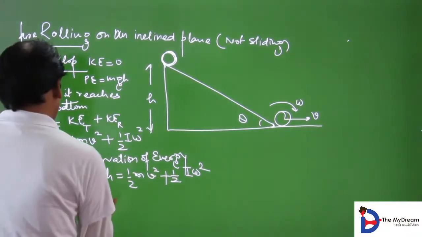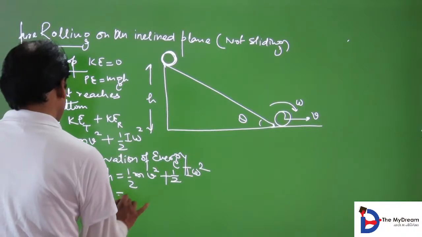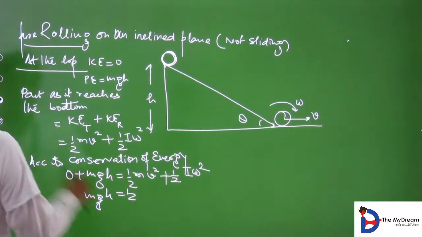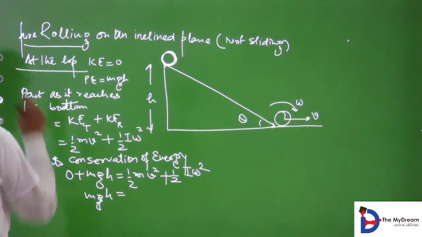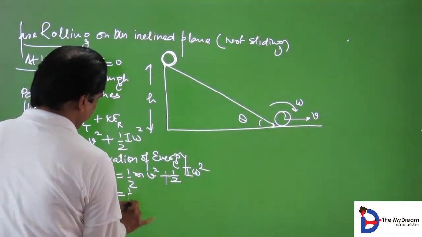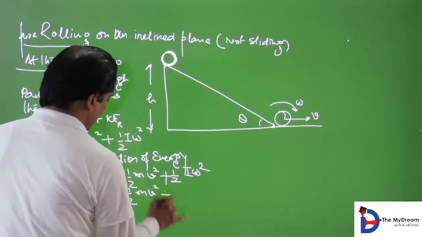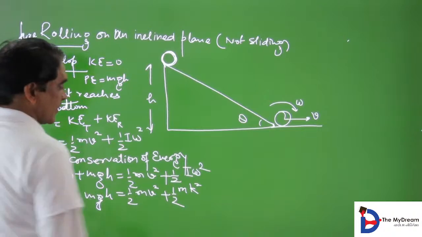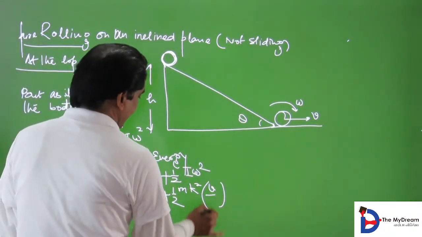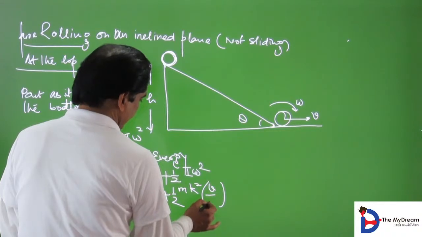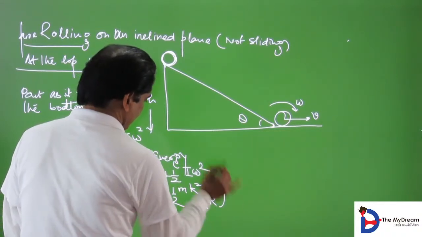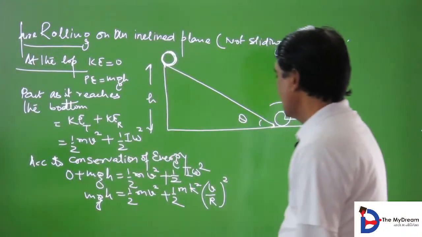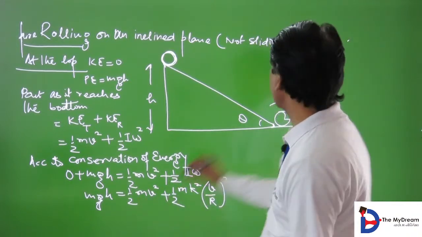So in place of I, you can put mk square. अभी थोड़ी देर पहले पढ़ाया. In place of omega, you can put v by r. Then you will get half mv square, half mv square.